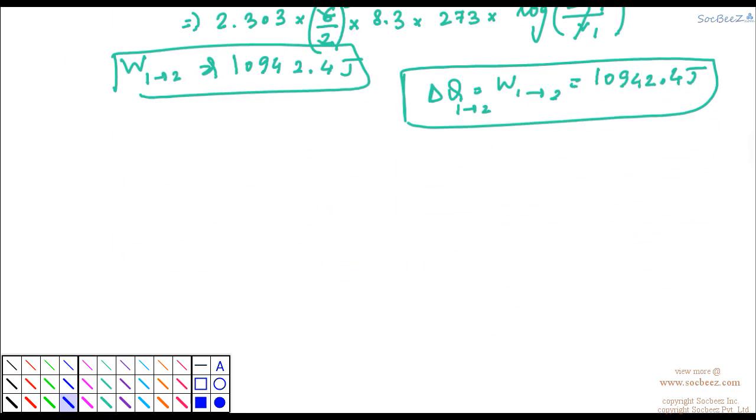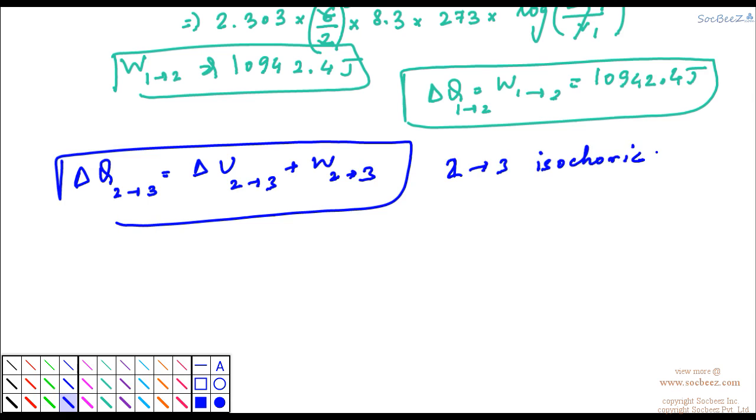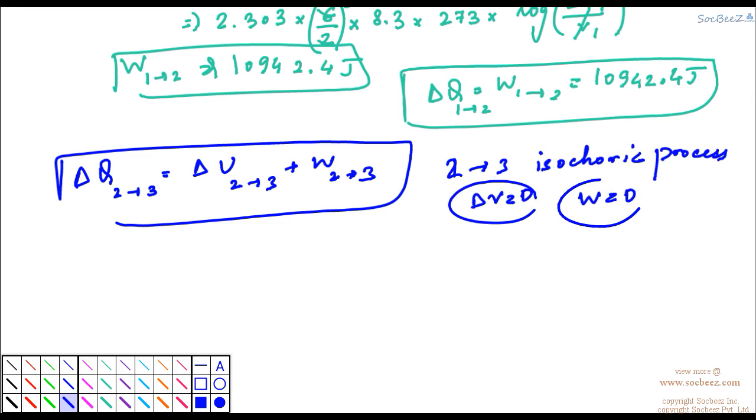Now, we have to find out the second part. Second part is delta Q 2 to 3, which is nothing but delta U 2 to 3 plus work 2 to 3. Now we know that 2 to 3 is a isochoric process. Now we have that delta V is 0. We know that, therefore work would also be 0. So we can say that delta Q 2 to 3 is equals to delta U 2 to 3.